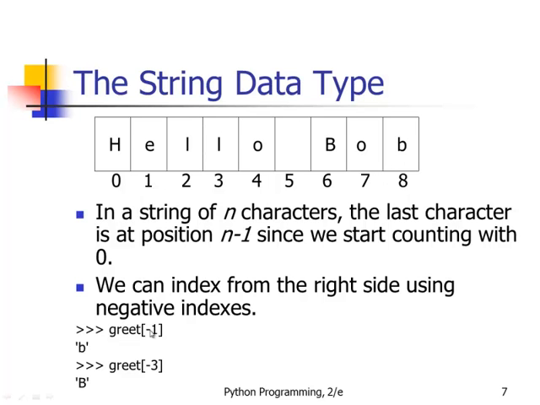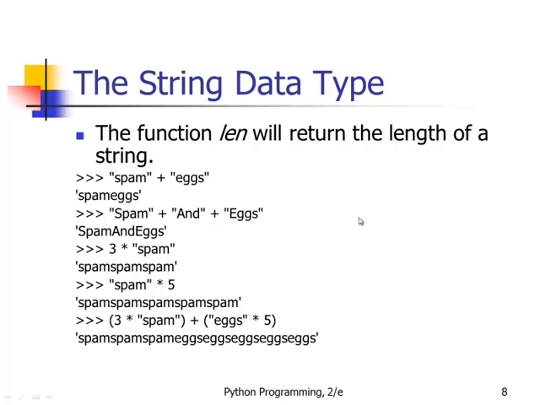So if you say greet[-1], that will be the lowercase b. If you say greet[-3], that will be the uppercase B. So -1, -2, -3, -4, and so forth. If you want to know the length of a string, you can use the length function to do that.